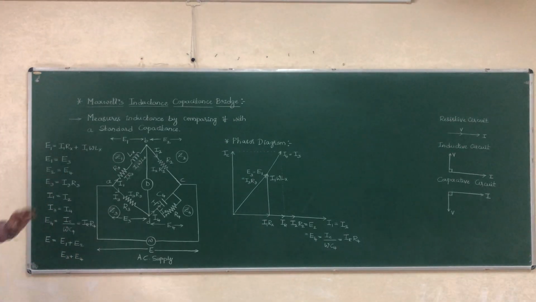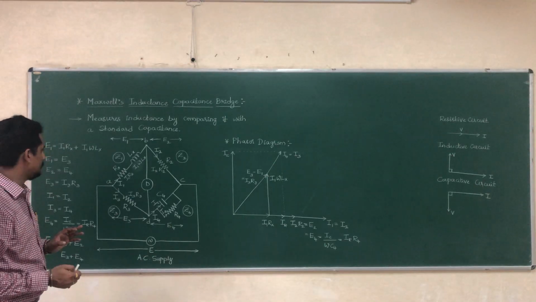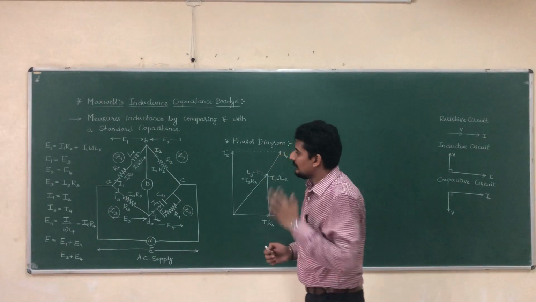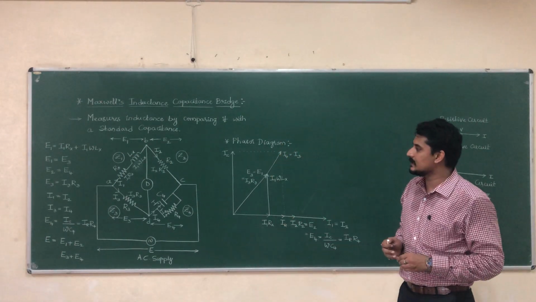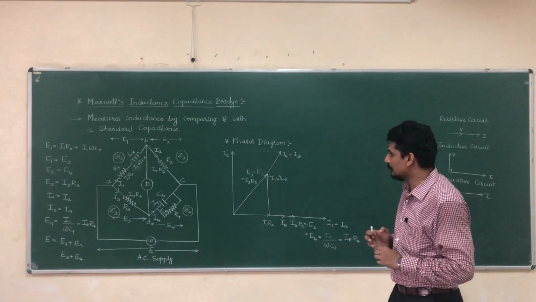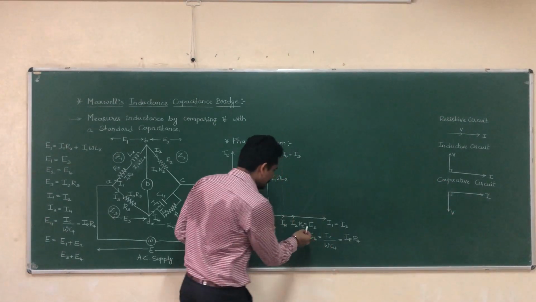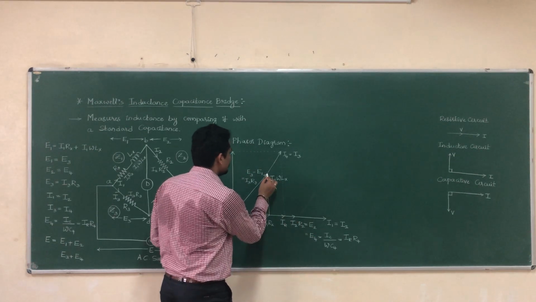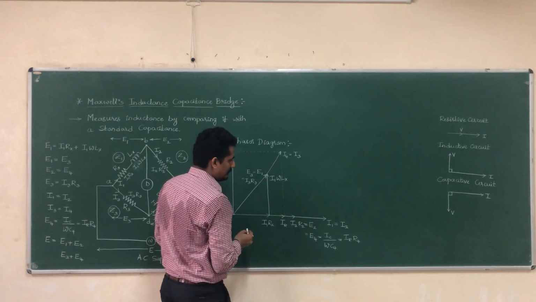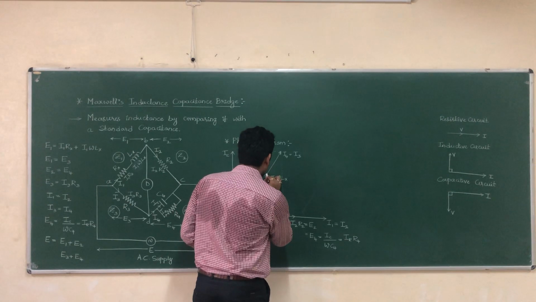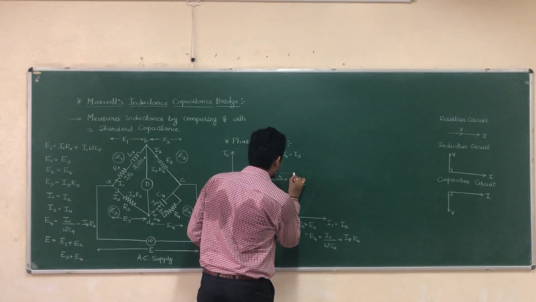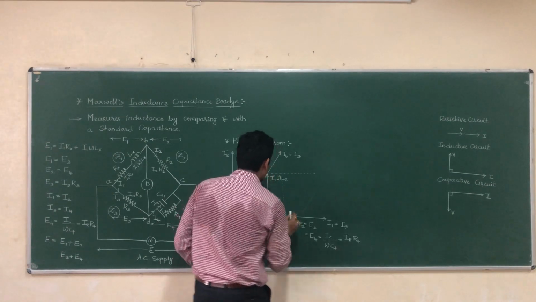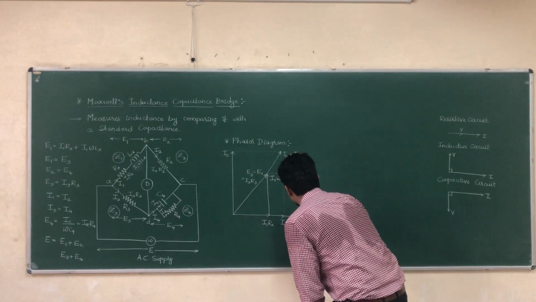Now how to write the final expression here in the phasor diagram, that is the resultant for E? If we consider this point, this is E2, E4, and if I consider this point, this is E1, E3, the resultant of these two, right? So I will extend this. Similarly, I will extend this. So this should be parallel to this.